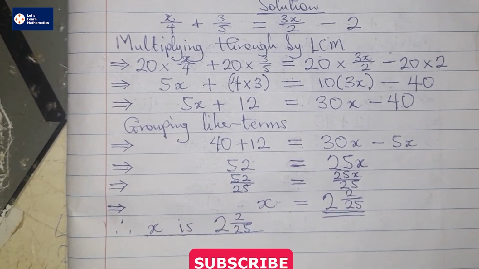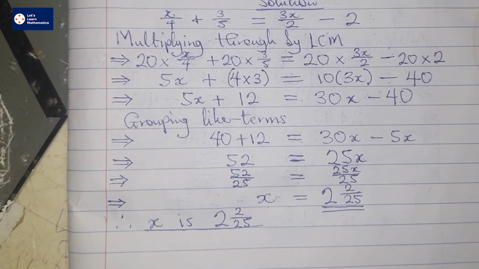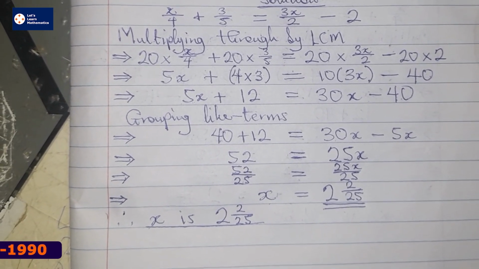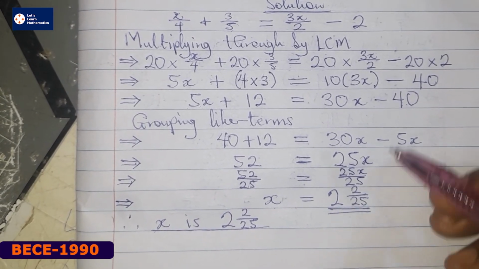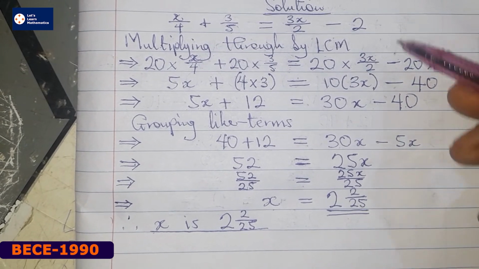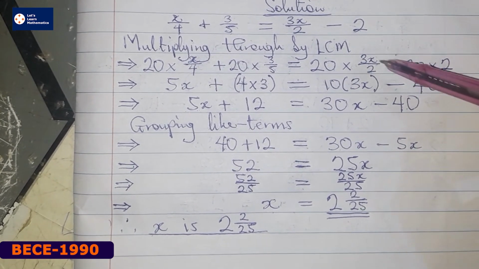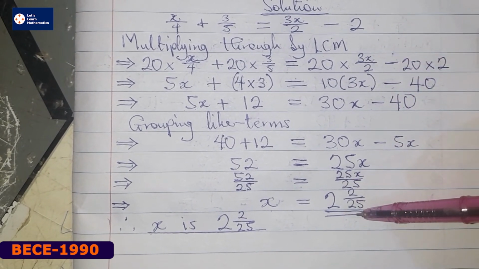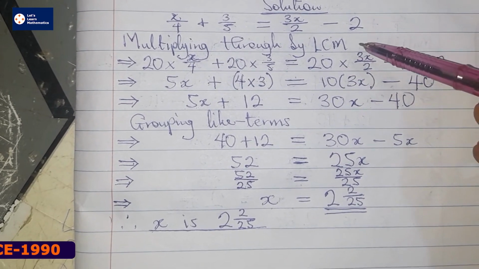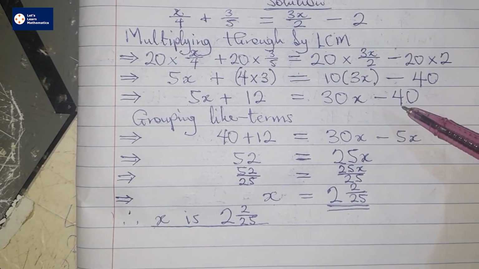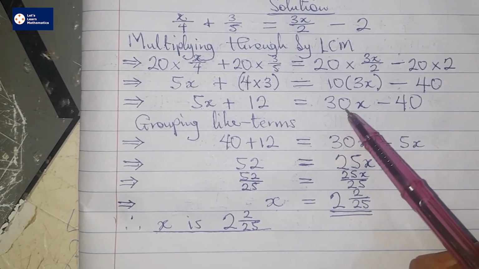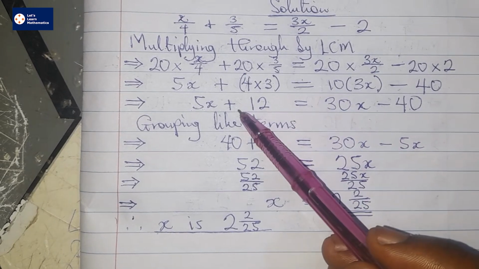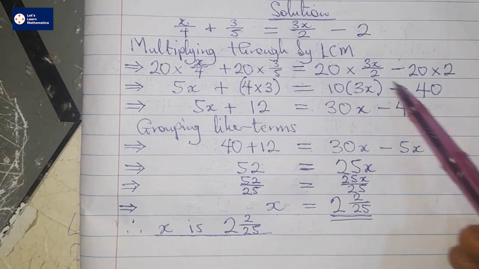Alright, so that is your answer for this particular question, 1990 question 2b. If you don't understand anything, you can go over the solution again. You can watch the video again to see how we approached it. There are various ways that you can go about it. For instance, here you could have decided that your 30x will go to this side for the 12 to come here.